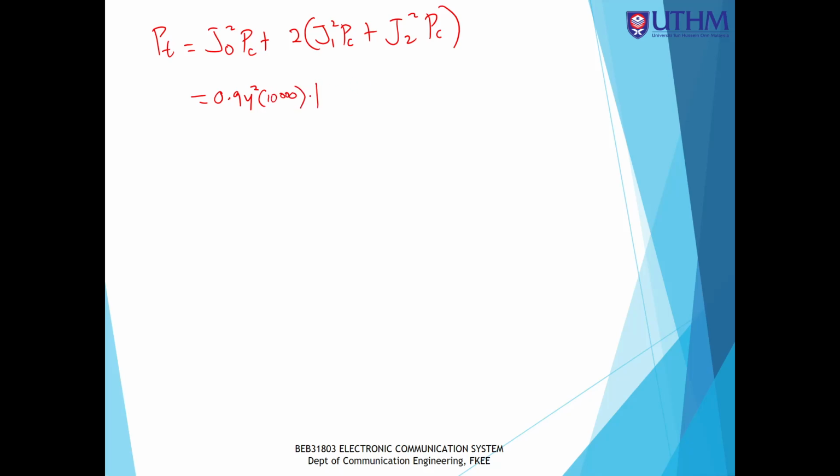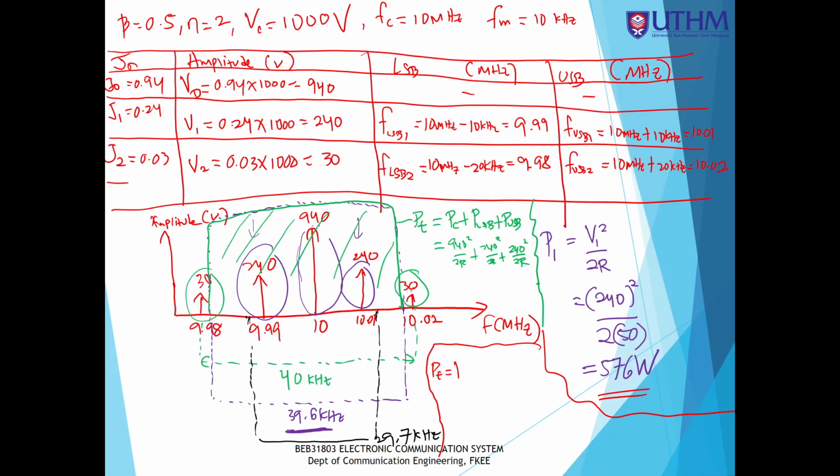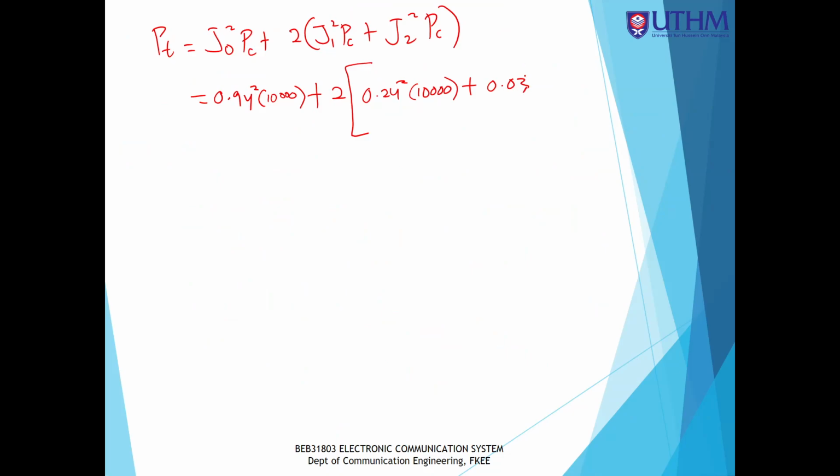Plus 2 times 0.24 square times 10,000, plus 0.03 square multiplied with 10,000.